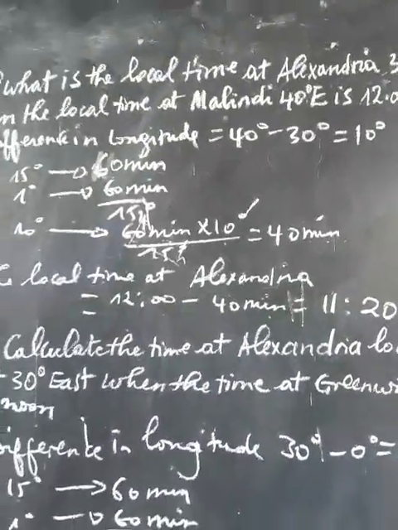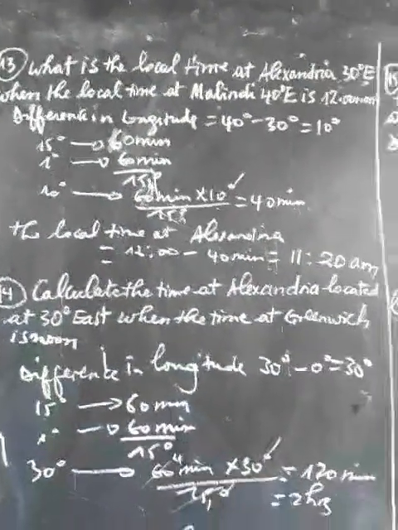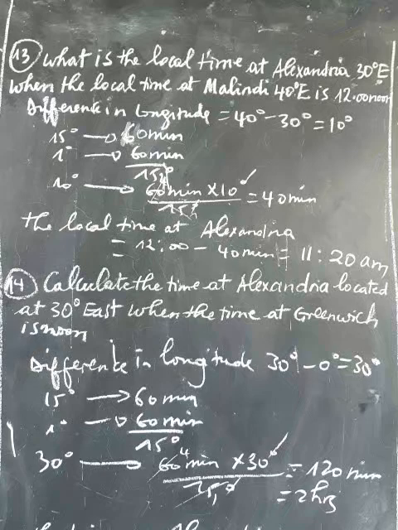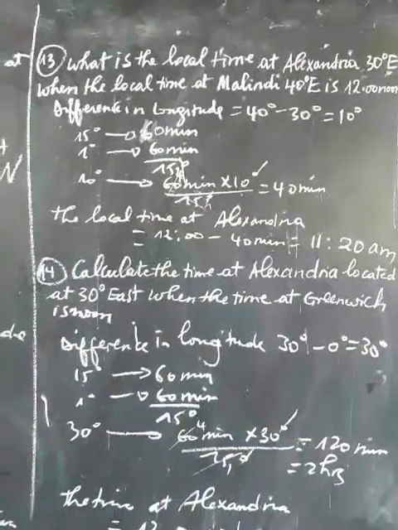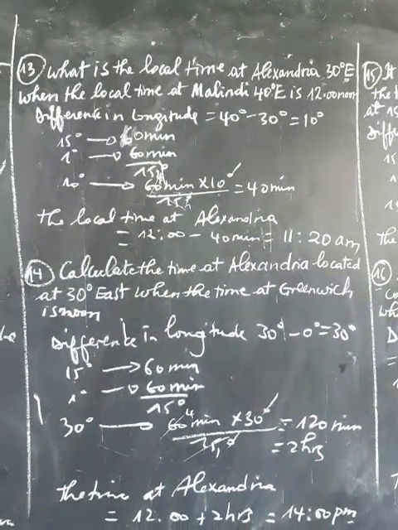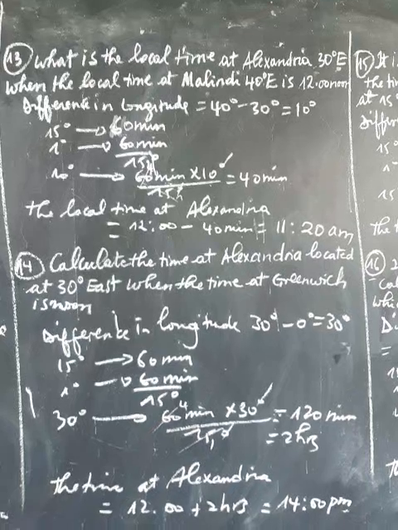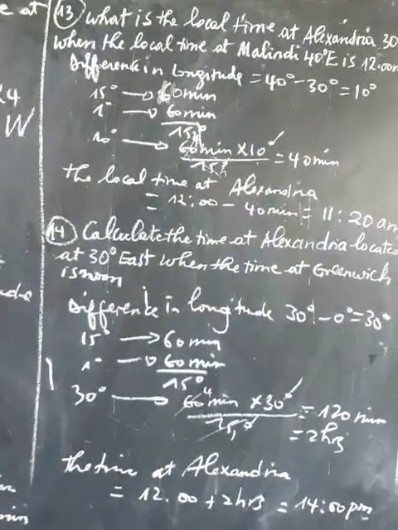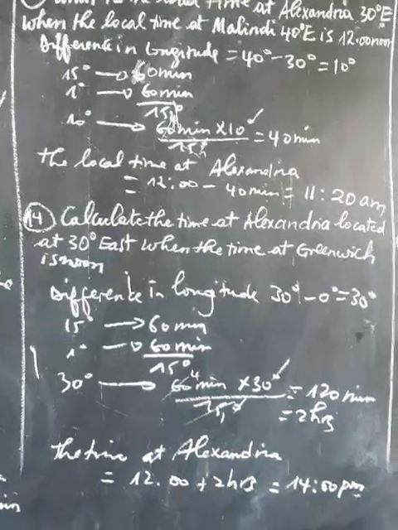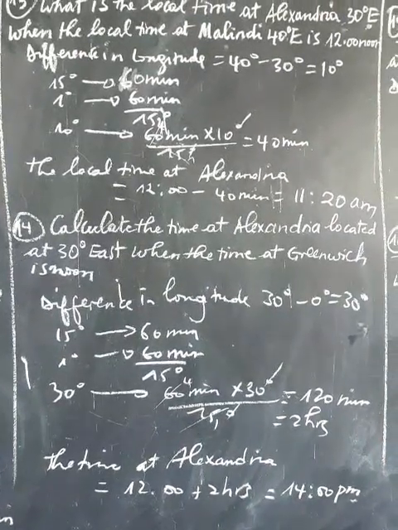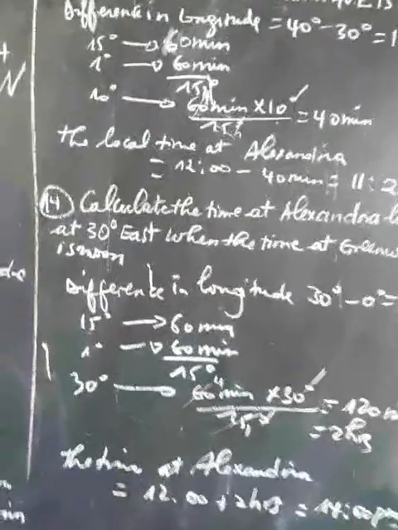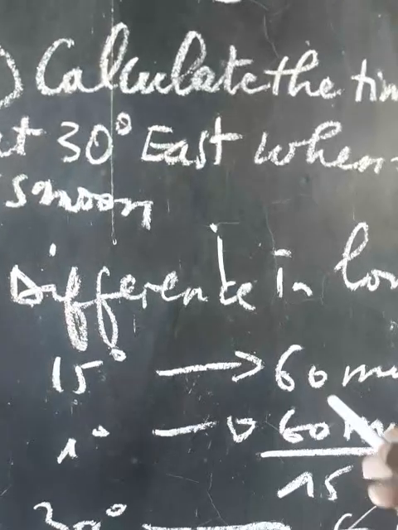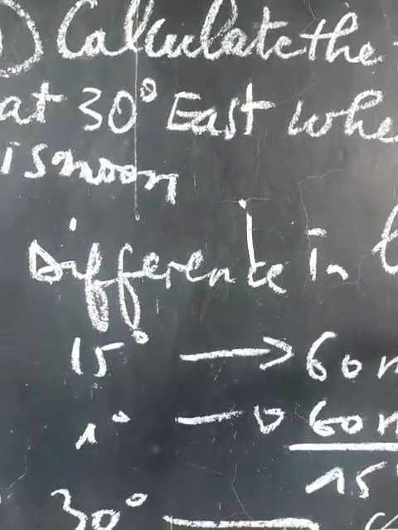Let's go to the question number 14. The question number 14 asks: calculate the time at Alexandria located at 30 degree east, where the time at Greenwich is known. Here, we also find the difference in longitude. 30 degree minus 0 degree is equal to 30 degree. As we know that when you are finding the time, 60 minutes must come on this side.